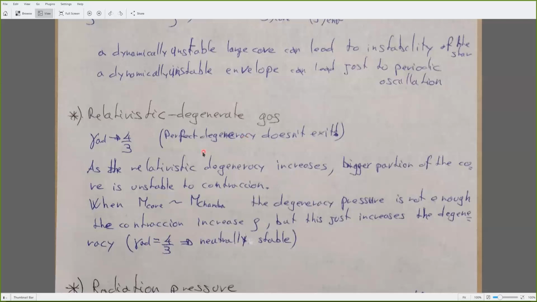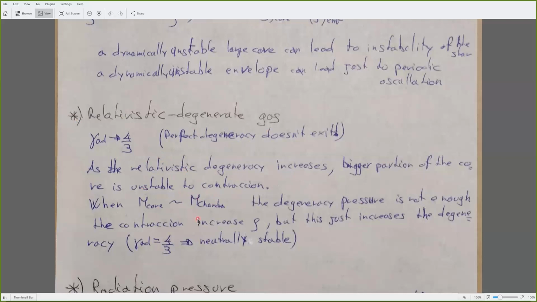But anyway, in relativistic degenerate gas, as the relativistic degeneracy increases, a bigger portion of the core becomes unstable to contraction.